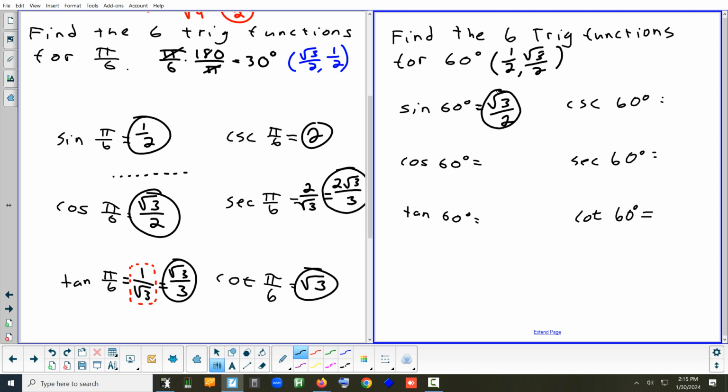It's the x, and the x is 1/2. And tangent? Alex, what's our formula for tangent? Square root 3, because you're just dividing these two. The 2's cancel, and you're left with square root 3 over 1, which is just square root 3.